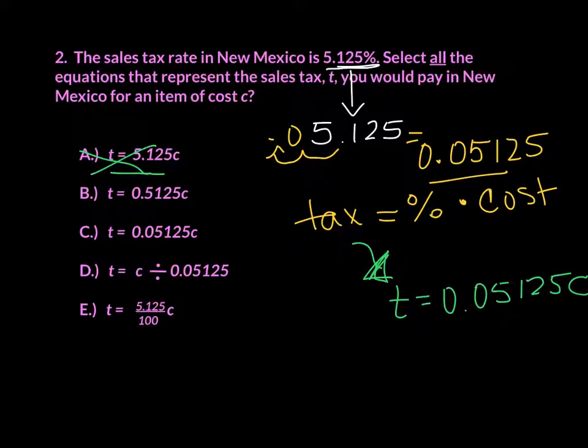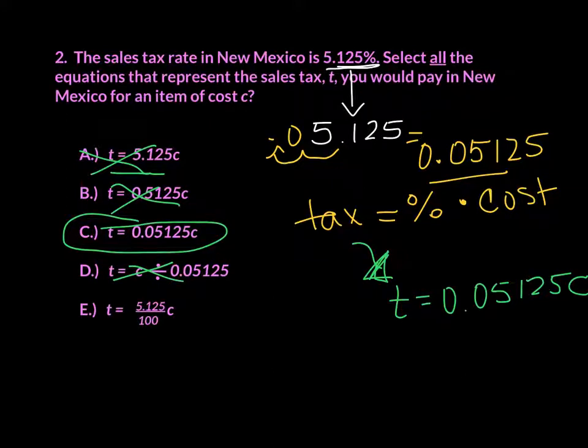Next one, T equals 0.5. I'm going to stop right there. That actually means 50%, which is not right. We've already made it into a decimal, so we know this one isn't correct. The next one, we've got T equals 0.05125C. That's exactly what we have, so we know that C is correct. D, T equals C divided by that number we found. Well, we know we multiply.